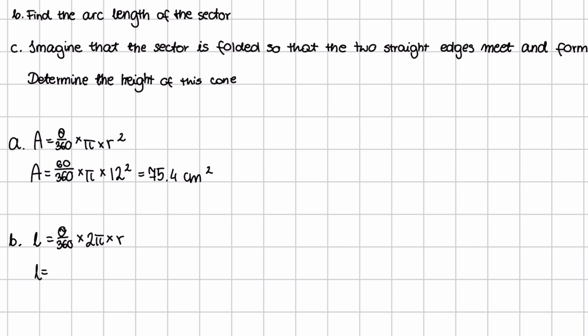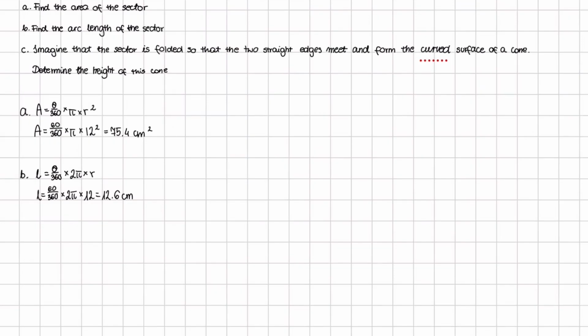So now we have to substitute our values once again, so 60 over 360 times 2 pi times 12, and this is 12.6 and centimeters.